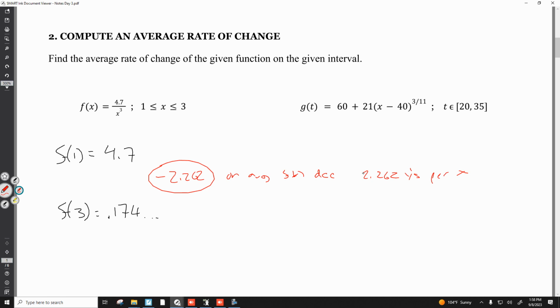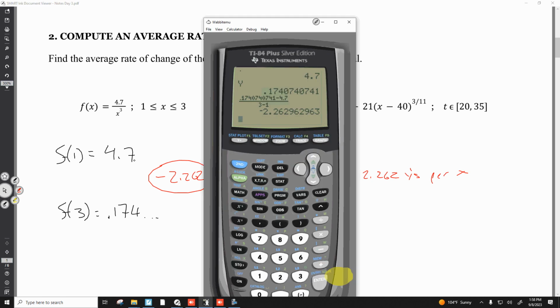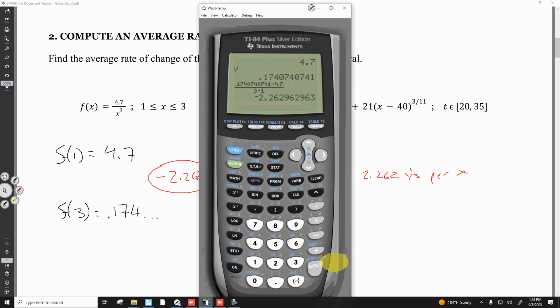Cool. Here's another way to get that answer. It's going to blow your mind. Ready? Pay attention. Be focusing. Mind's going to be blown. Fraction button. Cool. Alpha F4 pulls up a list of your equations. Y1 is the equation I entered, 4.7 over x cubed.